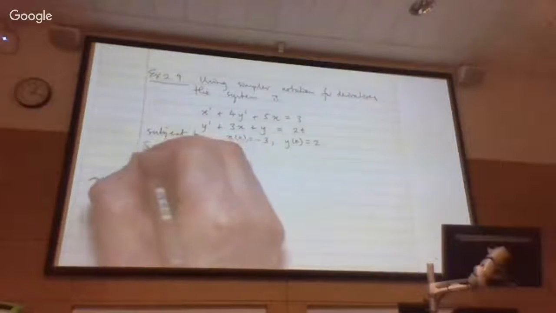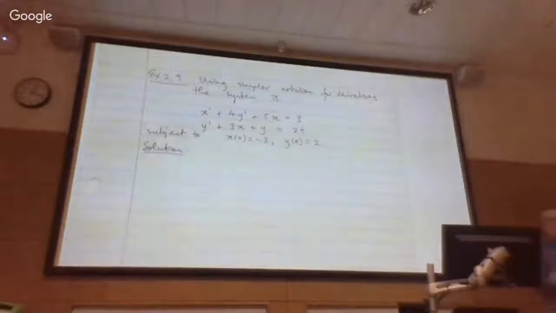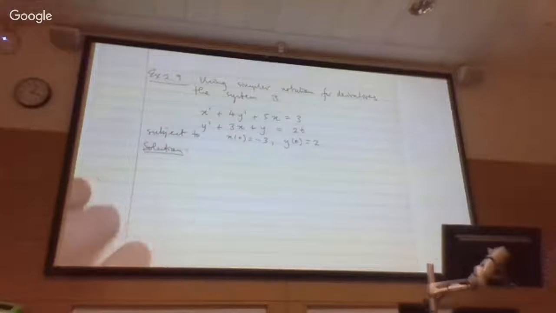Okay, so we can go through the solution of this. First step, just as in the previous examples, is to transform both equations. This time we've got two equations. Transform them both. In the course of doing that, use the linearity property and the transform of derivatives property.